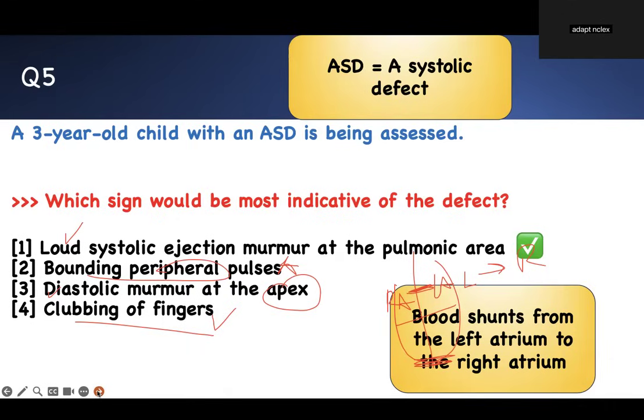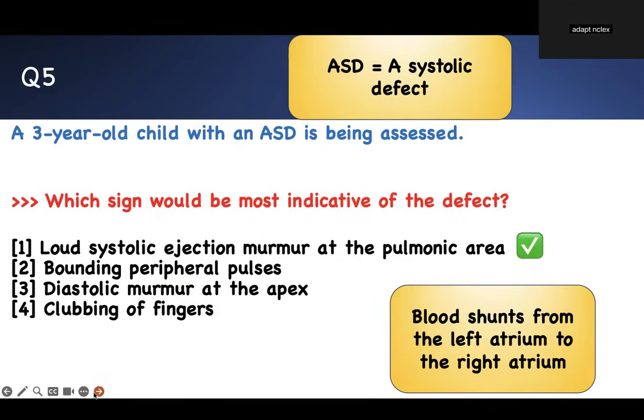Secondly, when the blood moves from the left side to the right side, it's going to go to the lung. We have more blood going to the pulmonary artery, and this causes a systolic murmur at the pulmonary area. You have more blood flowing to that area. So that's why that's the right answer. Number 1 is the right answer.